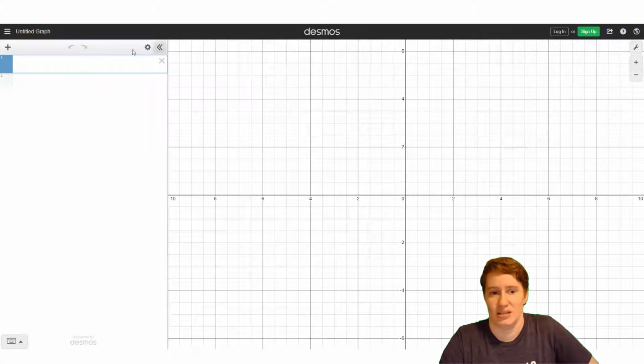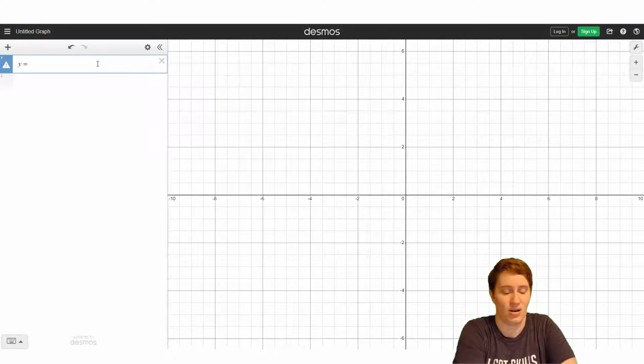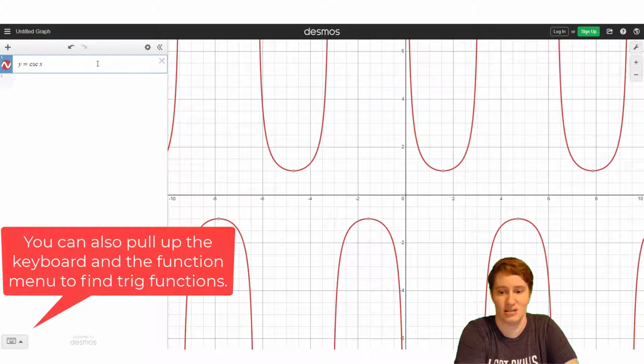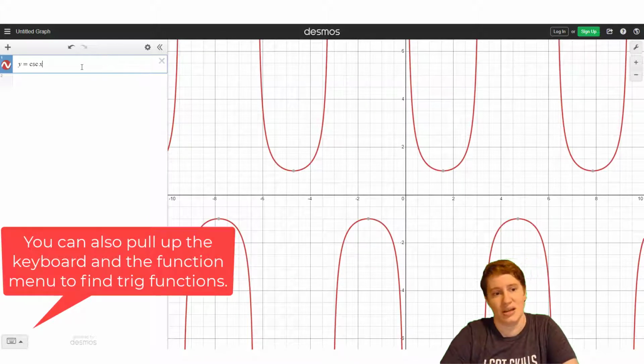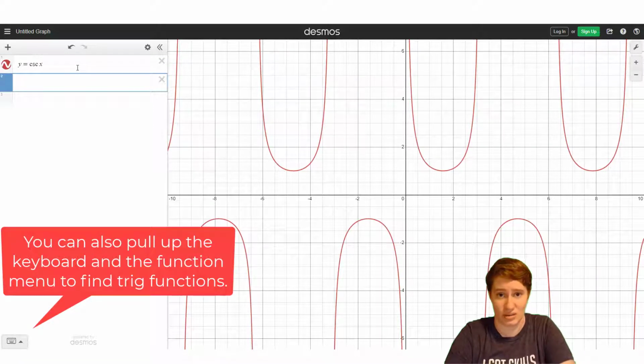In Desmos, to graph cosecant, you can just type CSC and then X. This is what cosecant looks like. Now, if you are on your TI-83 or 84, there is no cosecant button, which I find very annoying.